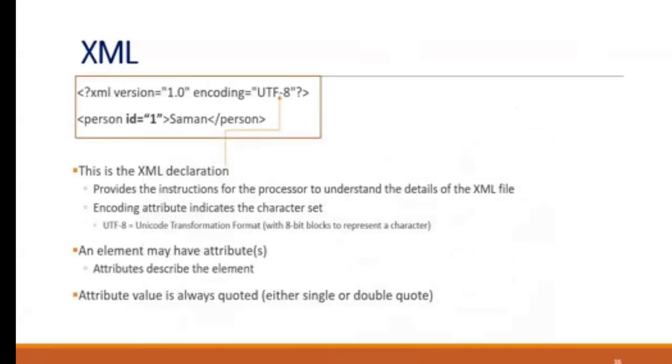I'll come back to the previous slide once I explain this one. So this is a very simple XML file. Let's say I am going to store details of 10 persons in an XML file.